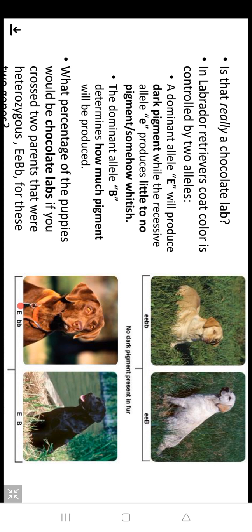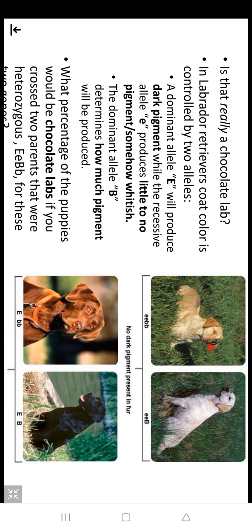But now when E is there, E is for dark pigment, but you have the recessive b, it means the dark pigment will not be deposited, because now the dog has the recessive gene, the one which determines how much of the pigment the dog should have. So you find that the dog will be chocolate.